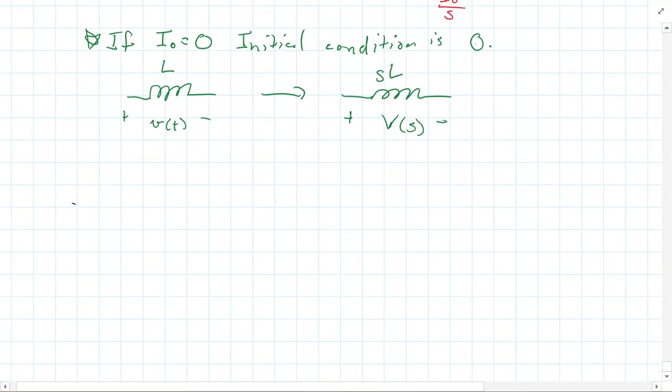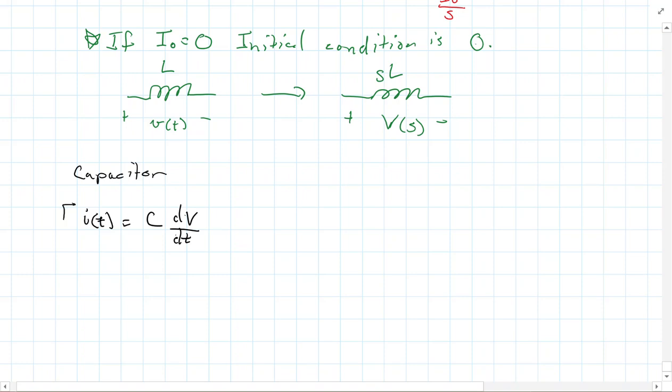Alright, well we have one more to look at here. I won't spend quite as much time going through this one as we did for the inductor, but it's for, of course, the capacitor. And remember, for a capacitor, you have the current with respect to time is equal to the capacitance times the derivative of the voltage.